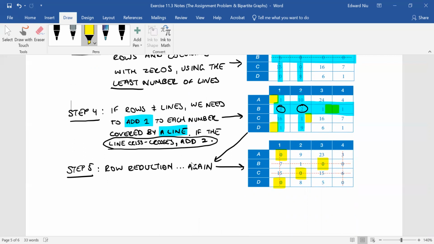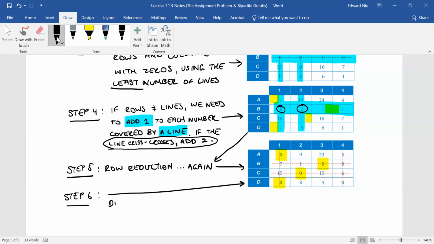Okay, so step 6. We draw lines again through the zeros using the least number of lines.